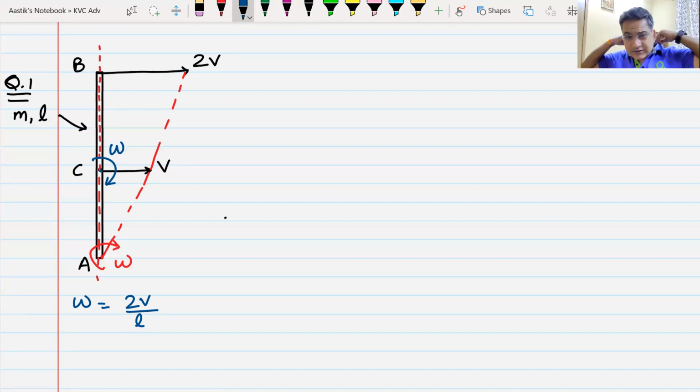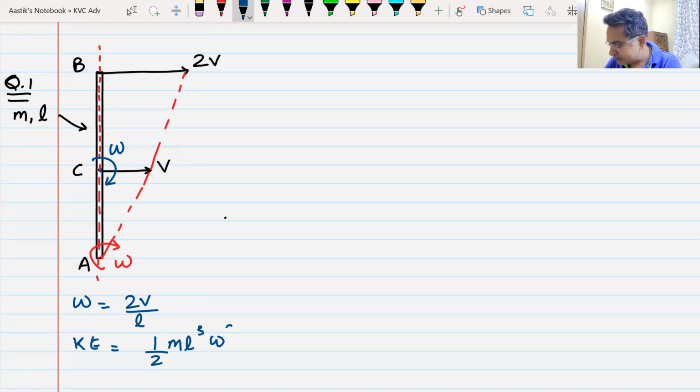Now, it is easy to find out the kinetic energy of this rod. You can find it by pure rotation about the point A, right? Yes, sir. Half I about the point A is ml square by 3, into omega square. Do we understand this? Sir, I is ml square by 3, sir. Yes, sorry, ml square by 3. Half ml square by 3 omega square.